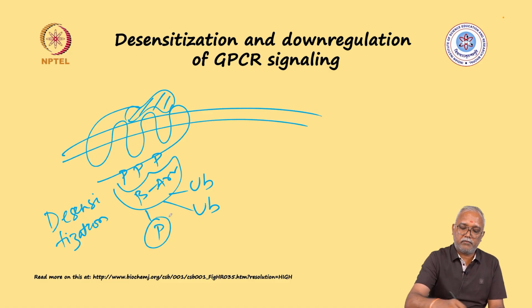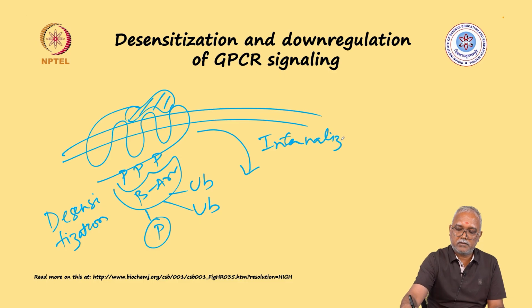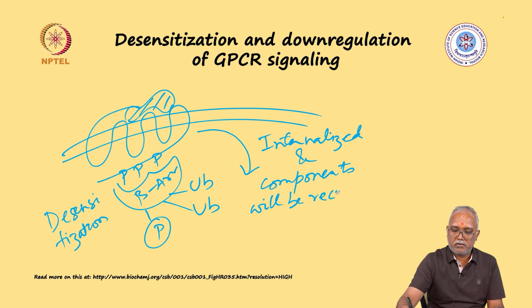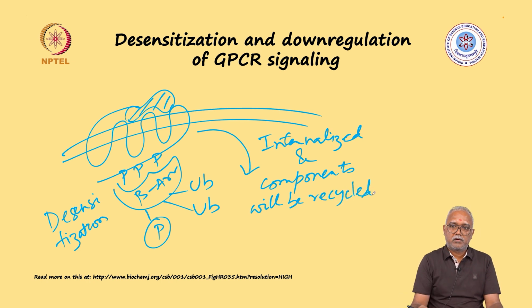Now this molecule which is monoubiquitinated as a receptor complex will be internalized and components will be recycled. Most of them, except that ligand, which could probably undergo degradation inside the lysosomes and so on, or endocytic compartments.